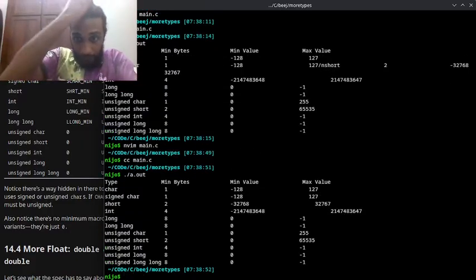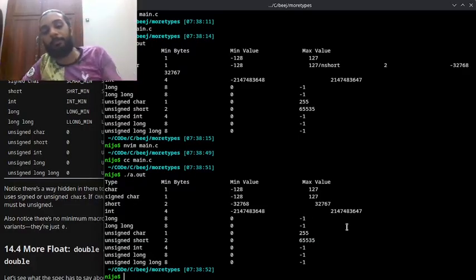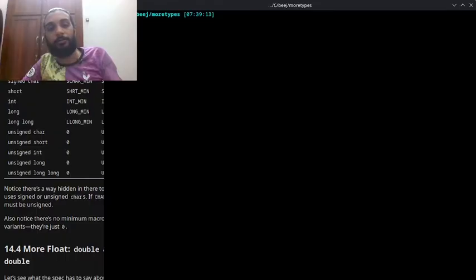Why is it 127, 127? This is a bit spaced. Probably because of the numbers here. So my long has -1 for some reason. I don't know why.